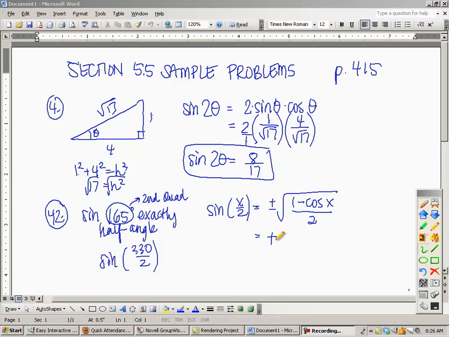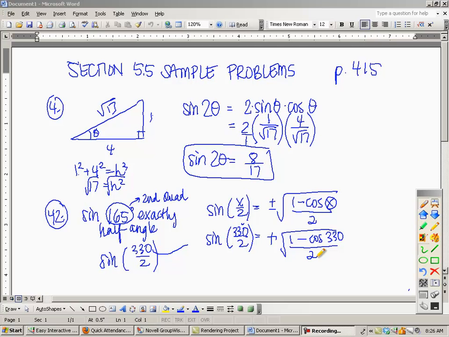So I only want the positive version because 165 would give me a positive sine. So I take the square root of 1 minus... Now my x value here is going to be the angle that I'm working with. So I'm going to work with 330 degrees, so this is my x. So it's minus the cosine of 330 degrees, all divided by 2.